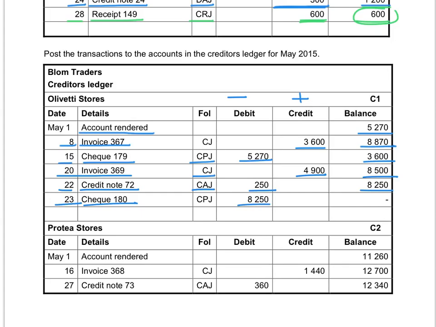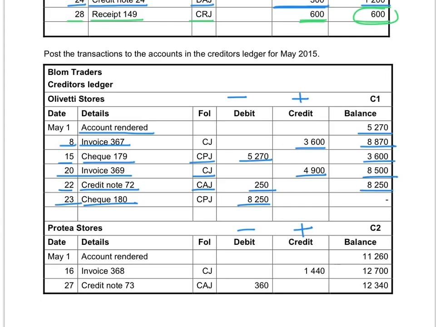So any purchases will be recorded on the credit side of the individual account of the creditor. Payments to creditors will decrease the amounts on the debit side, and if there are credit notes, it will decrease the accounts on the debit side.